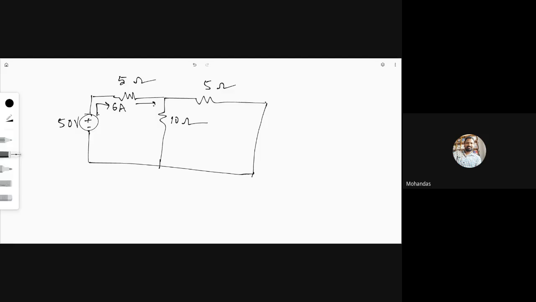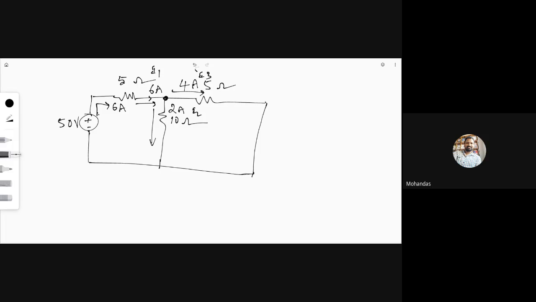The same 6 amperes comes here, and there are two parallel resistors, so the current divides. How much flows through the 10 ohm? 2 amperes. Here 4 amperes. So these 6, 4 and 2 were previously the unknown currents I1, I2 and I3, which we calculated using KCL, KVL and Ohm's law.